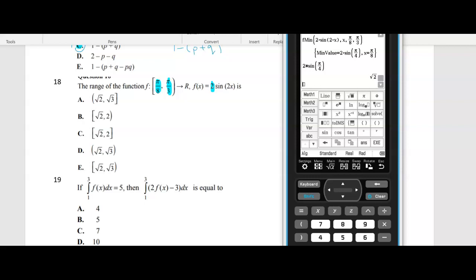So we don't know whether that's the minimum value, sorry. So let's go back and do the max. So what I can do is just highlight that, go down, and probably just change that to max.